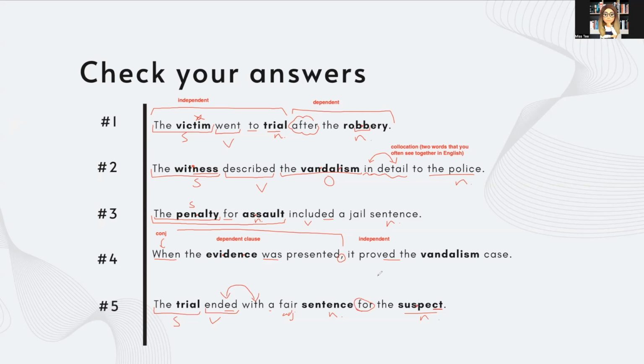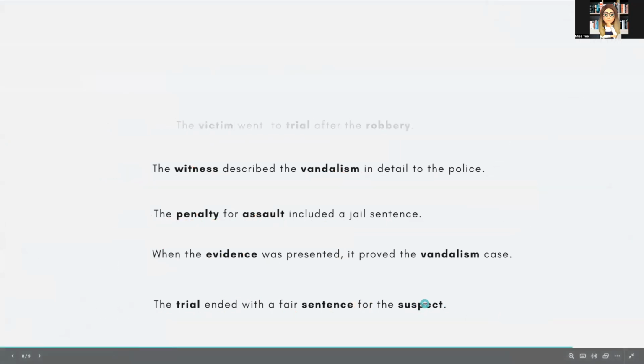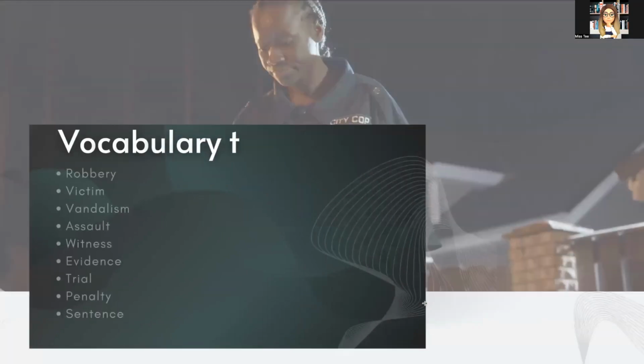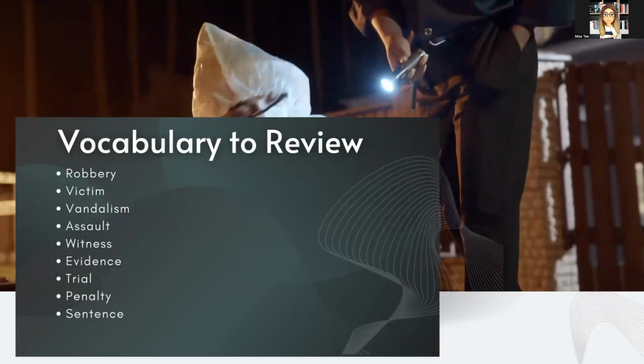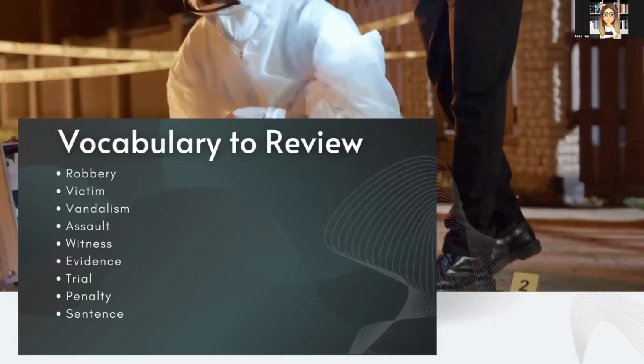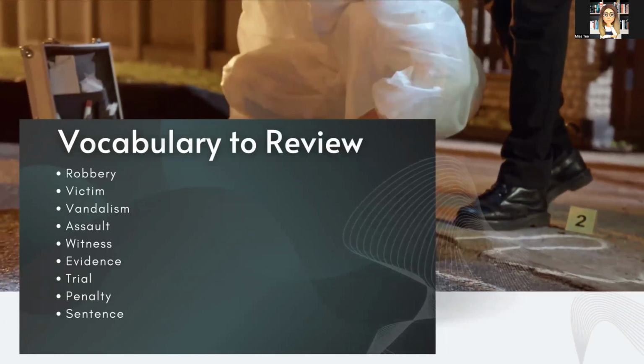So that is a bit of a breakdown of some of the grammar and spelling tips and tricks related to the words. The words this week that we're focusing on are in bold, and they're all related to the topic of crime. So to familiarize yourself with these words, study robbery, victim, vandalism, assault, witness, evidence, trial, penalty, and sentence.